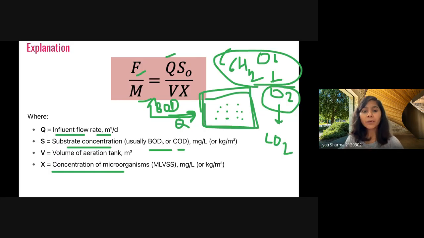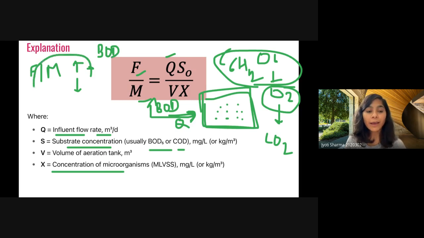Can you tell me, we have the F and M ratio, right? What will happen if it is higher, or lower, in terms of BOD removal? In which case will the efficiency of BOD removal be higher, when the F and M ratio is higher or lower?